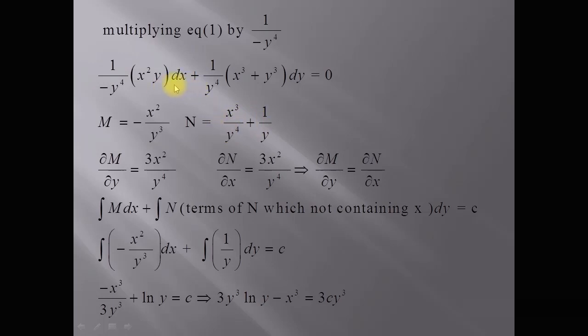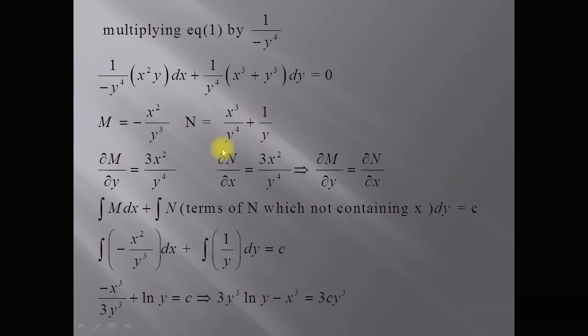Now to check whether this new differential equation is exact or non-exact, we take the partial derivative of M with respect to y. The partial derivative of M with respect to y is equal to 3x squared divided by y^4, and the partial derivative of N with respect to x, using the power rule, is 3x squared divided by y^4, and 1 over y is treated as a constant term, so the derivative of this term is 0.